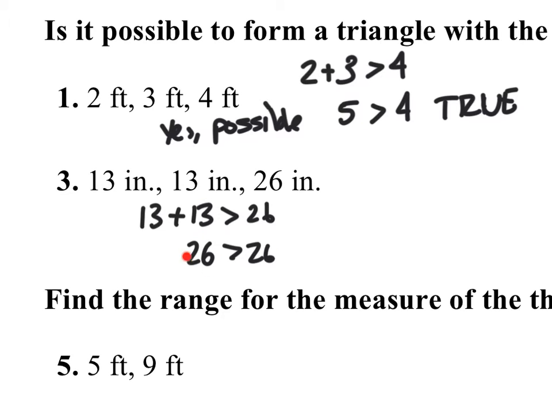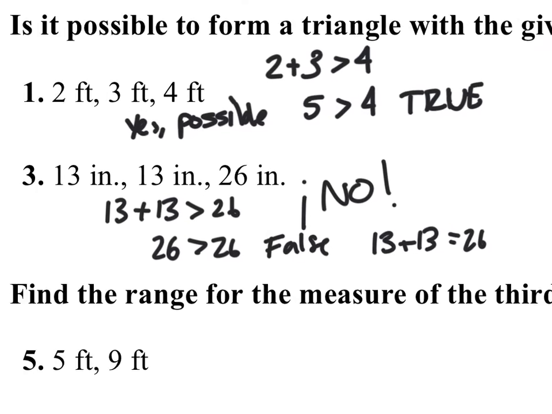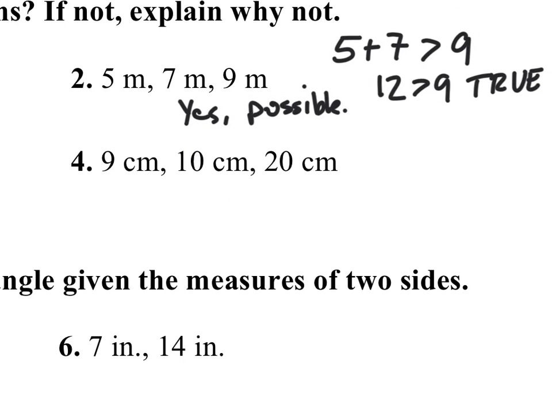I'm trying to show that this number is larger than this, but since they're the same, this is a false statement. The reason why is that 13 plus 13 is equal to 26. So no, this cannot happen.